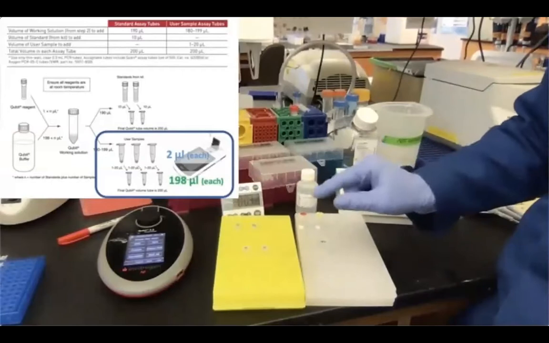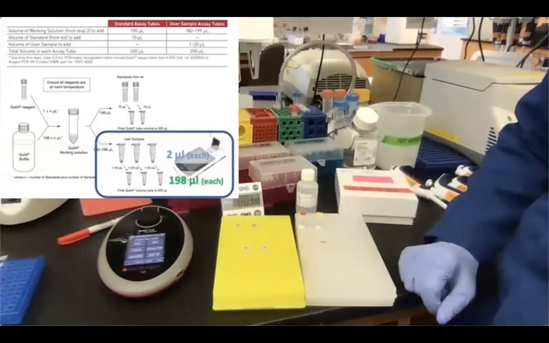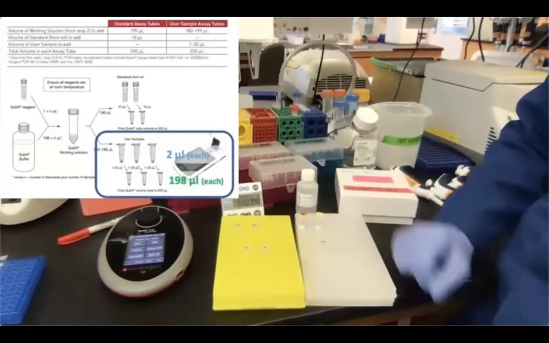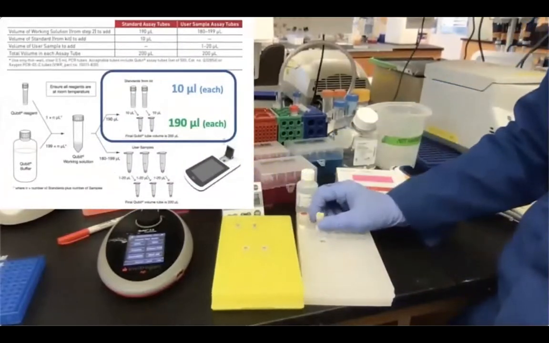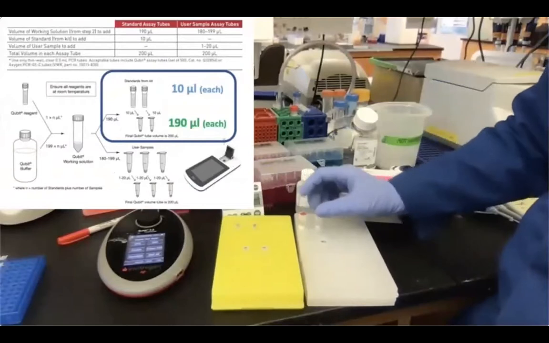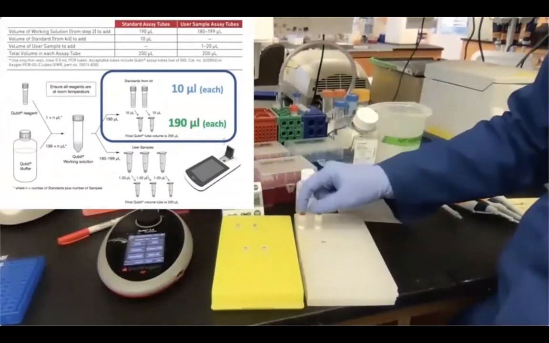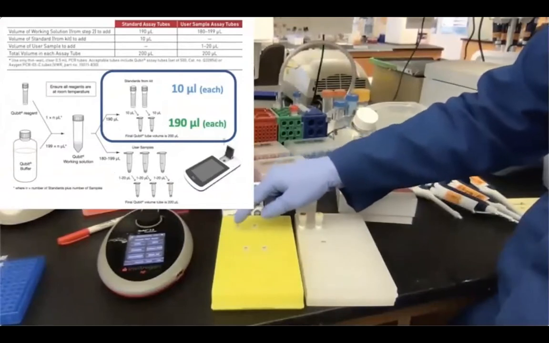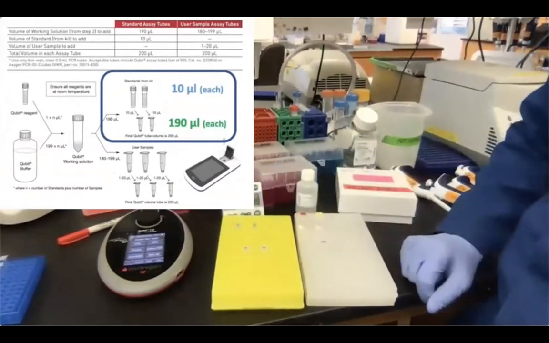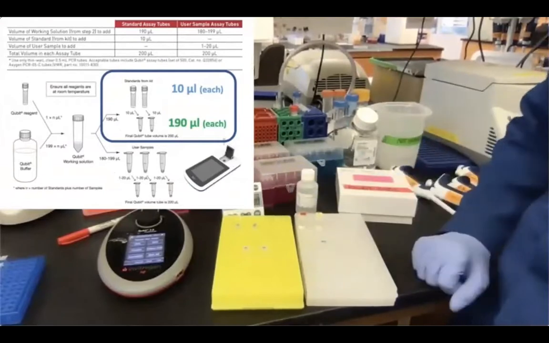So it's 2 plus 198, equal to 200. While for the standards, the protocol calls for 10 microliters of the standards from the tubes. So it's 200 minus 10. So we're adding 190 microliters of the working solution into each of the standard tubes. And then we are ready to add our standards. All right.